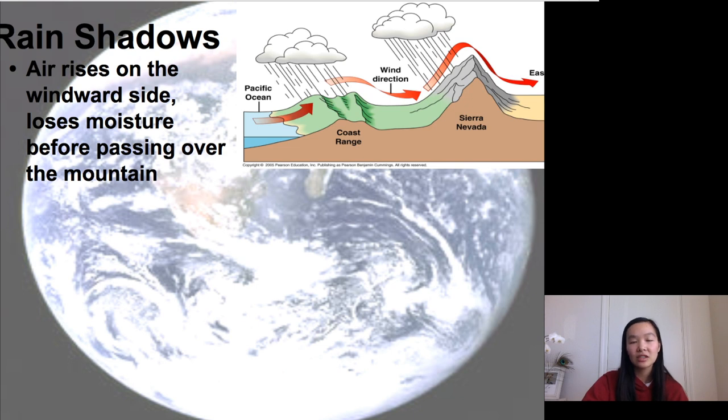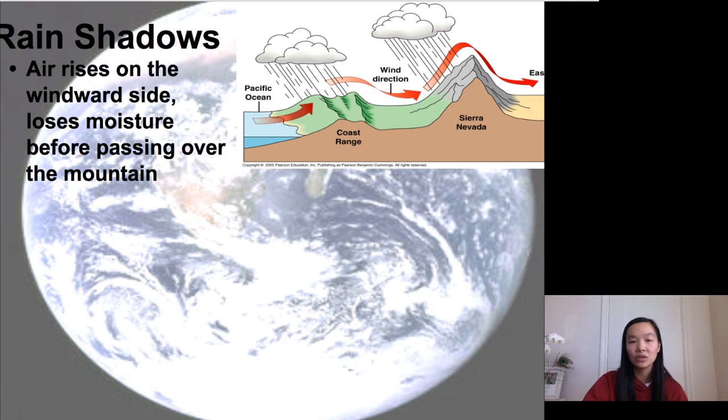So as air is coming in from the ocean, if you're following this diagram, it's going to make its way to pass over the mountain. As the air rises, it's going to cool, right?